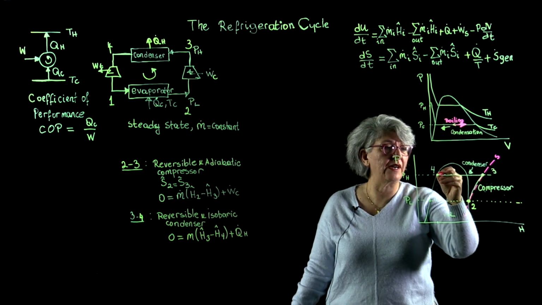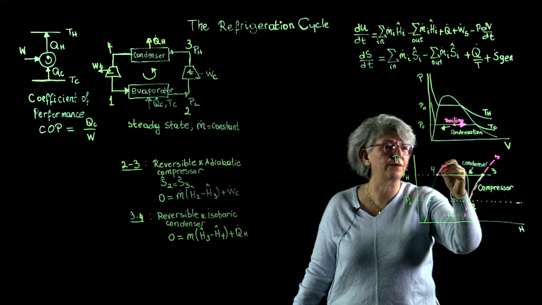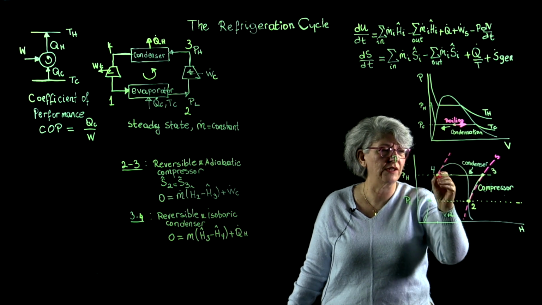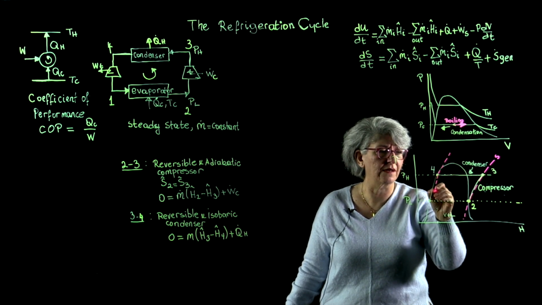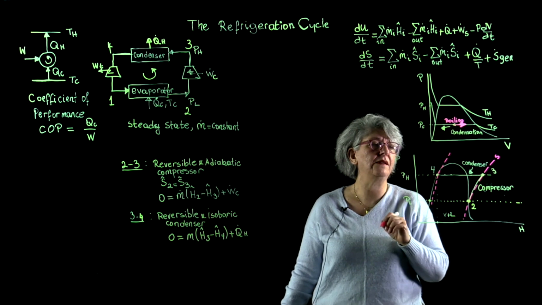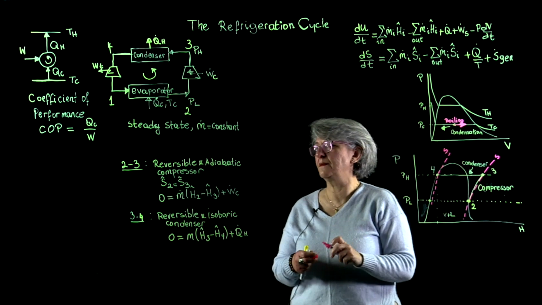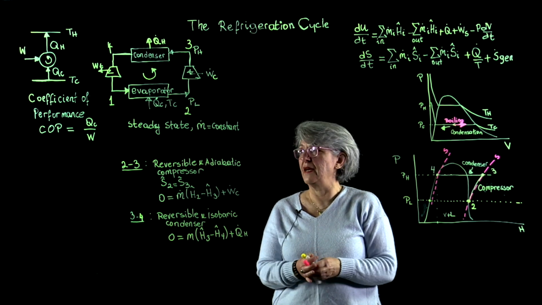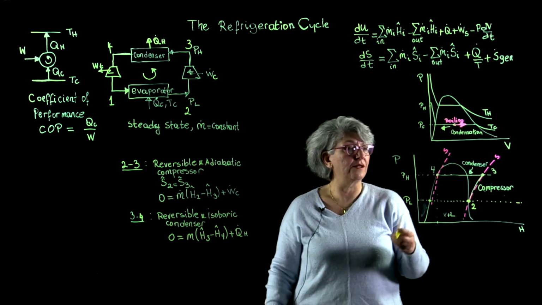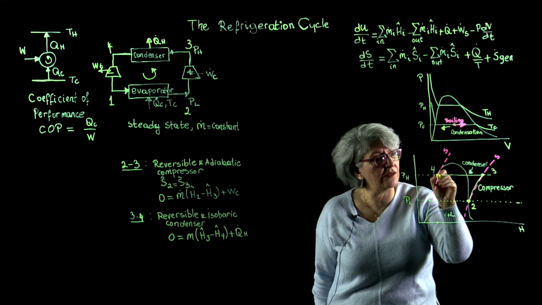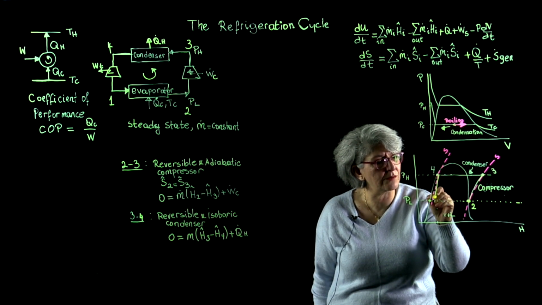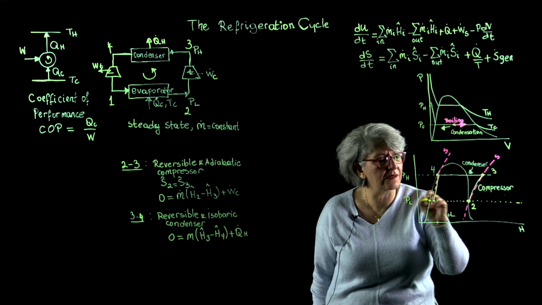In other words, I need to find the constant entropy line that goes through here. All right. So this is my constant entropy line. And my turbine is going to follow this constant entropy line. All right?